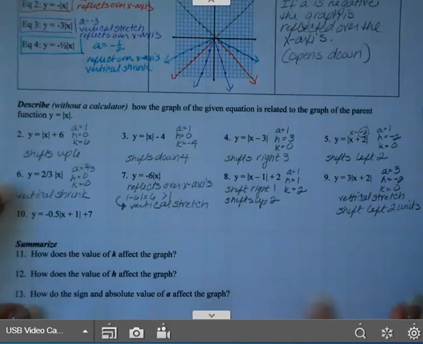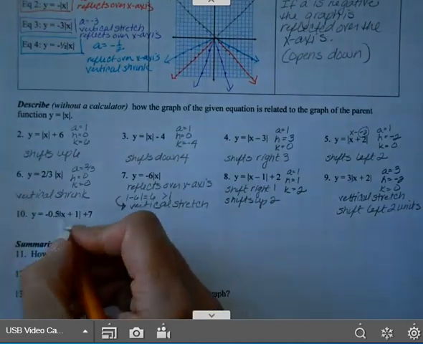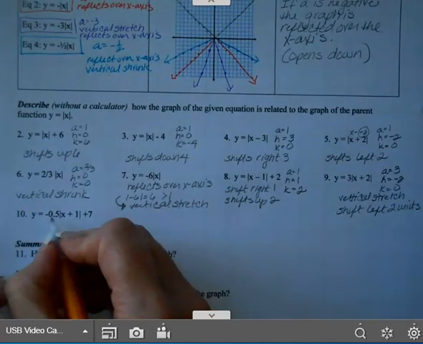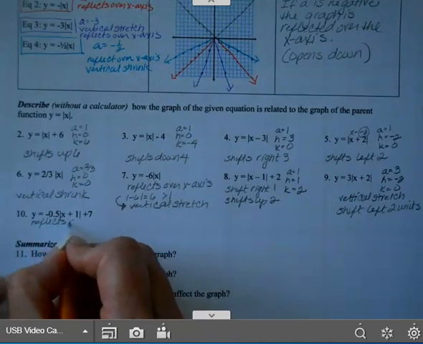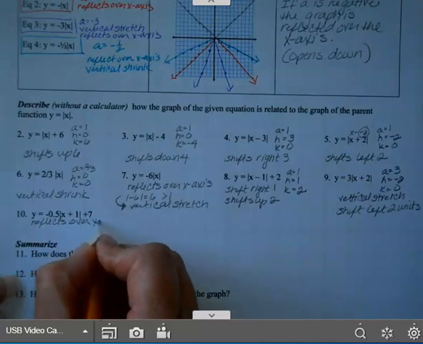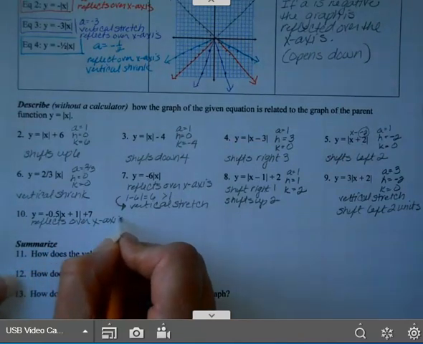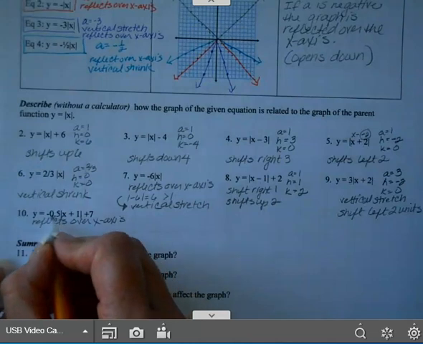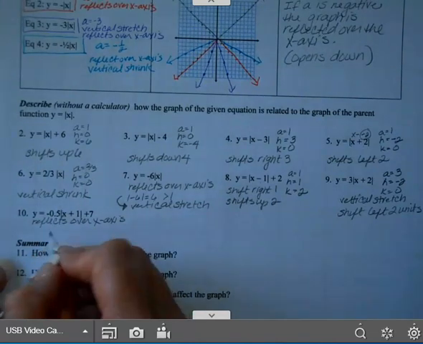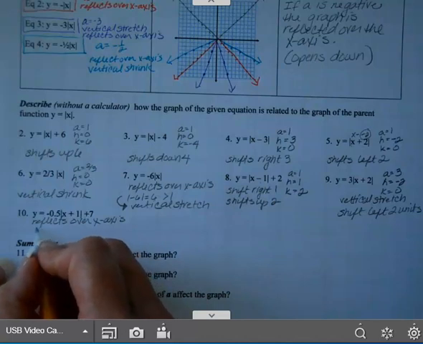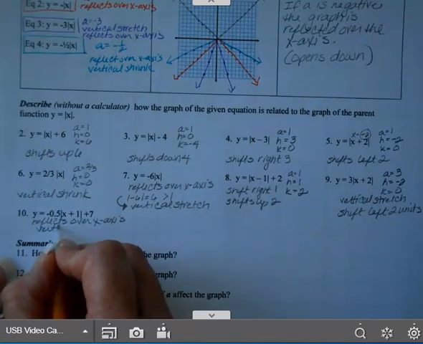Number 10. This one does several things. The negative means it's going to reflect over x. It's 0.5. When I take the absolute value of that, 0.5 is smaller than 1, so it's a vertical shrink.